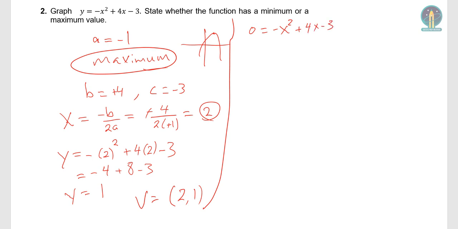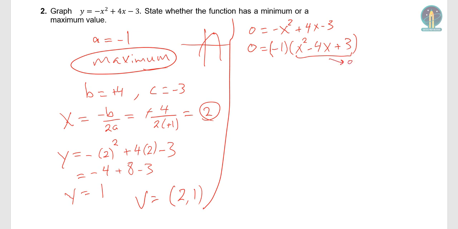So we need to factor this. However, the a, the coefficient of the quadratic term, is negative. So to make things easier, we'll just factor out a negative 1 from all these terms. So we'll have negative 1 essentially times x squared minus 4x plus 3 equal to 0, right? So this expression should equal 0.